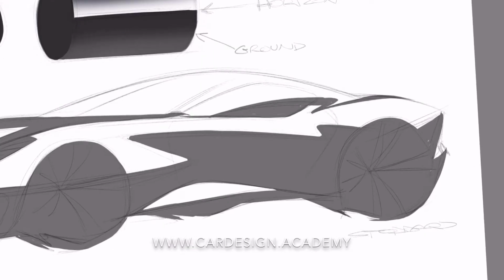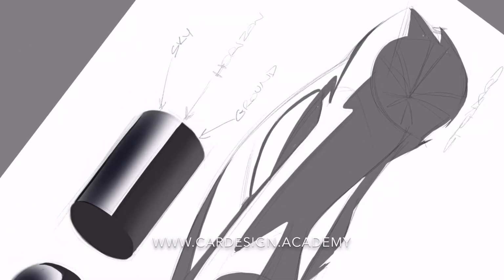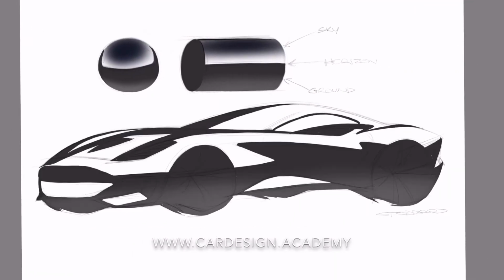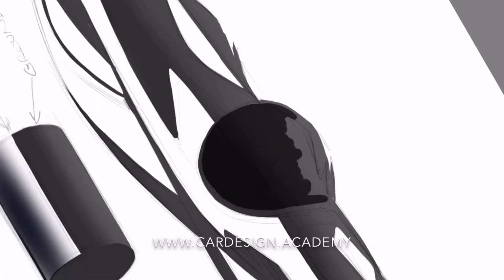I've also placed a horizon line along the bottom edge of the glass to differentiate that glass plane from the upper door, adding some additional depth and darkness. And now I'm going in with my graphic layer.